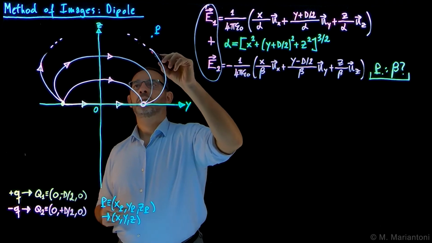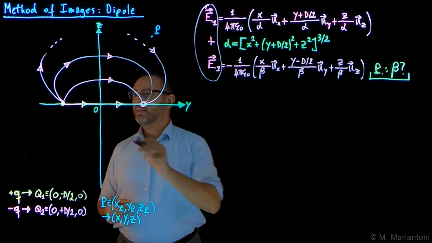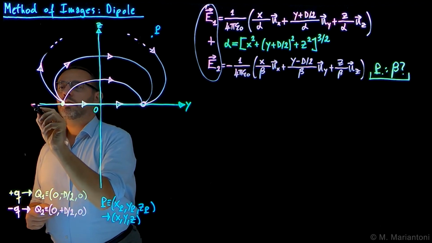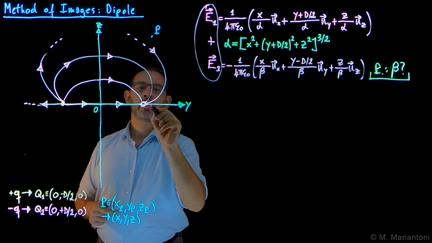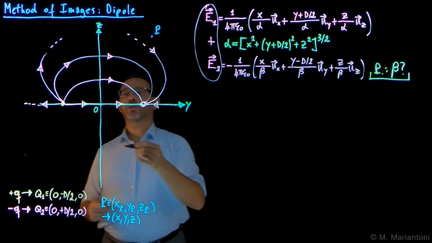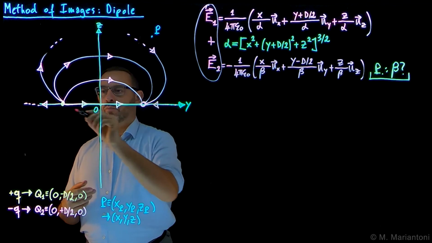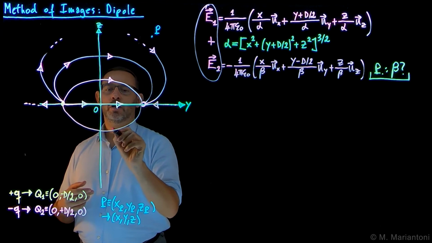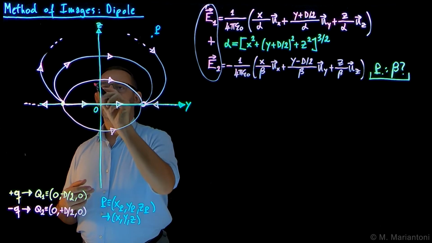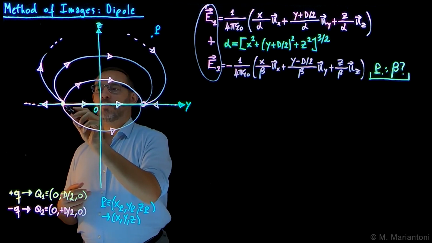Okay, here they enter this way. And similar here, there will be a line which goes this way and comes back in this way. And of course, you can do the same thing on the other side. It's all symmetric. Again, I urge you to do this in Wolfram Alpha, for example.